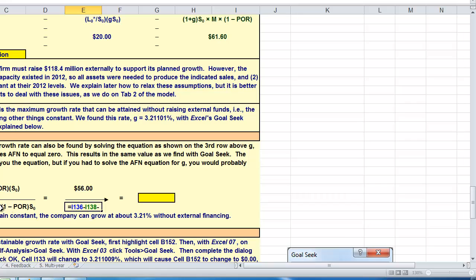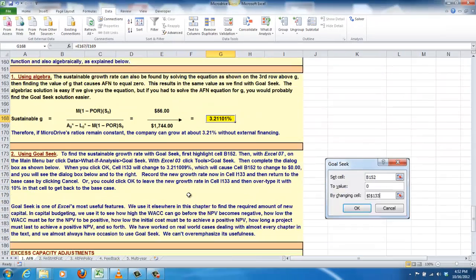So you see that M times 1 minus the payout ratio times S0, that's what we have up here. I'm going to select that. That gives us 1,744. And here we can just calculate 56 divided by 1,744. That gives us 3.21%.